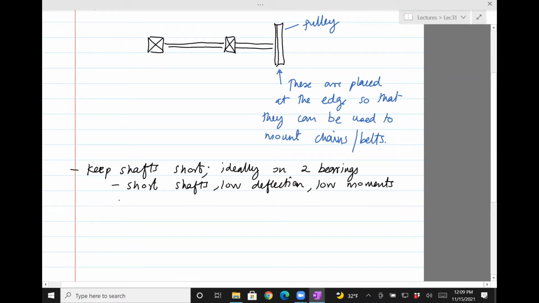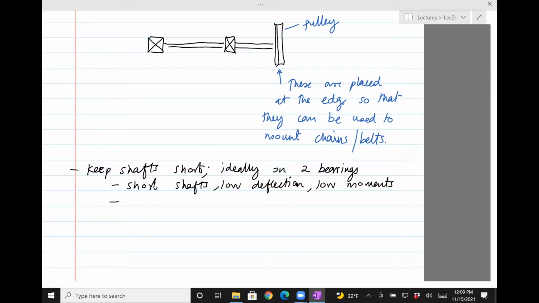Okay, now the other thing you want to do is when you have these shafts and you have the bearings on the edge, you have an option of putting the gear somewhere on the shaft, right? You want to put it in the middle, you want to put it at the edges. The closer you put it to the edges, that is near the bearing, the lower the moment produced by those elements. And so it's a good idea to put them at the edges.